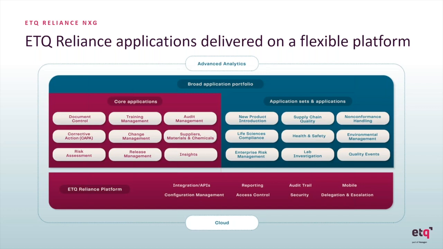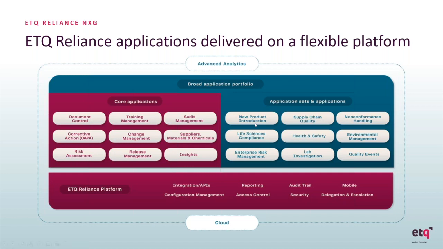ETQ Reliance, as I mentioned, is a platform. It has 42 pre-configured applications. This is just a high-level look at the core applications, which is what you would start with the implementation of our system. You would, as you can imagine, the standard staples of processes in the QMS or any compliance management system: document management, training, audits, corrective action, change management, and a few other utilities that are included as well, including the Insights tool, which is the analytics.